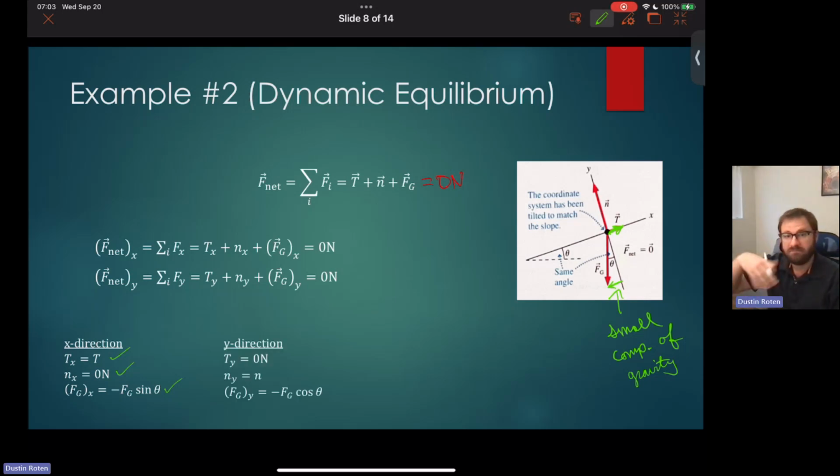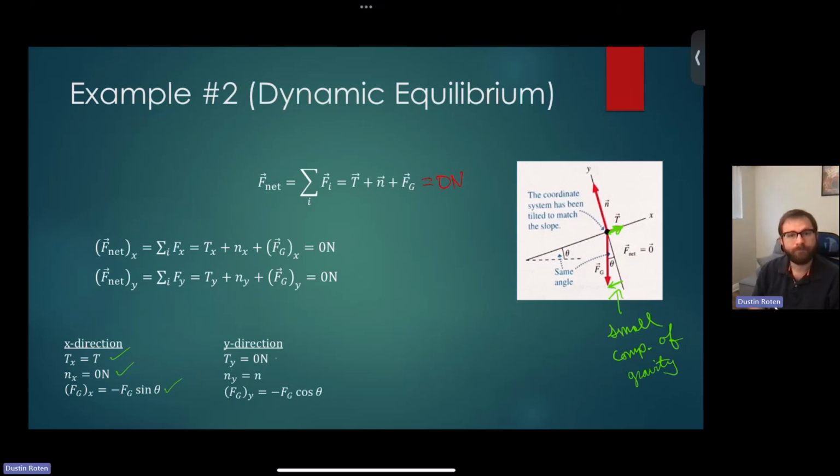Now, in the y direction, same process. We know there's no tension in the y direction because the tension is running along the ramp. In the y direction, all of our normal force is pointing up, because that's what the normal force does. It's always perpendicular.